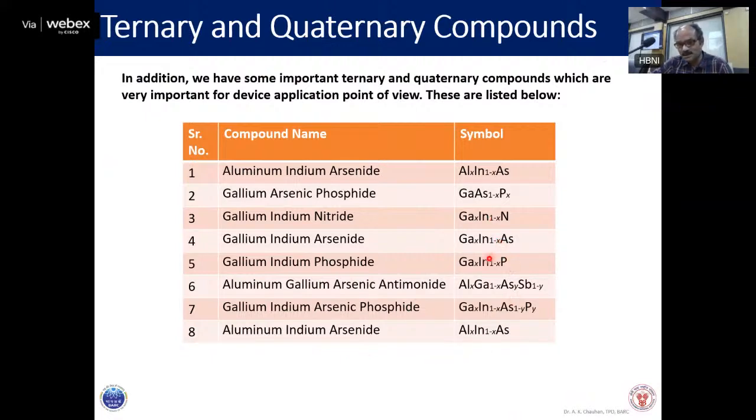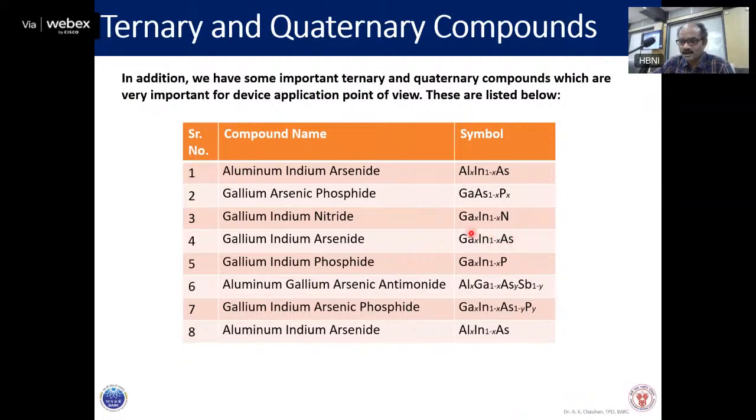If you see, suppose it's gallium arsenide, I will just try to explain one. In this, you dope indium, you put indium inside that. So what will it do? Certain gallium will be replaced by indium. Suppose I have added gallium arsenide and indium arsenide 50-50.